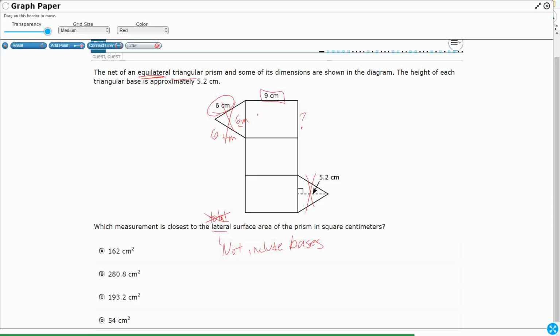So then this is going to be 9 times 6, that's 54 square centimeters. And that's going to be 54 square centimeters because these are congruent rectangles, and that's 54 square centimeters. And that's going to be 150 if I add up my tens. 4 is 12, that's going to be 162 square centimeters. My answer here is A.